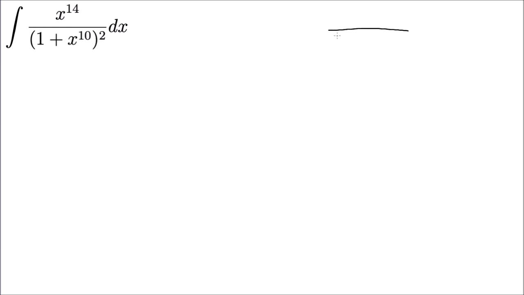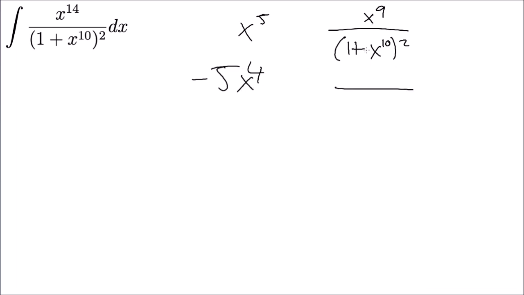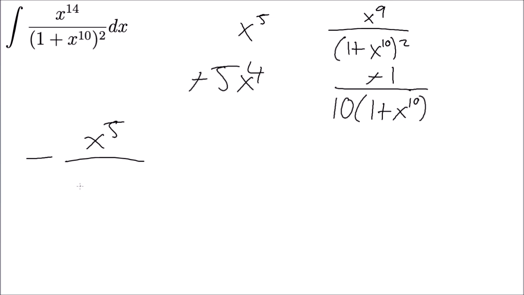Because if I purposely do integration by parts, and this would be x to the 5, if I differentiate it, and then here I get 10, right? But then I get -1 here, right? Oh, okay, I caught it.